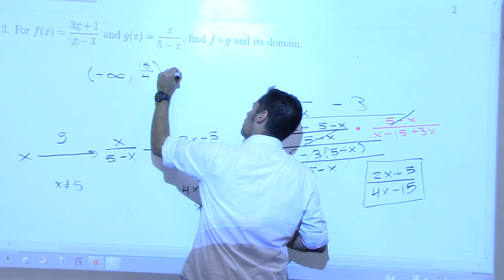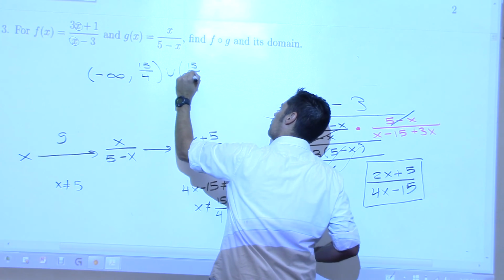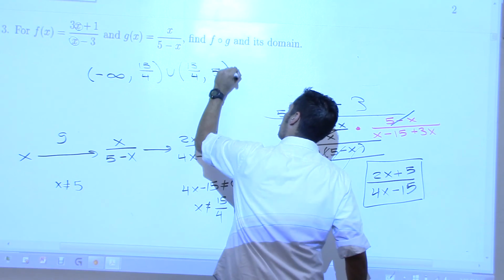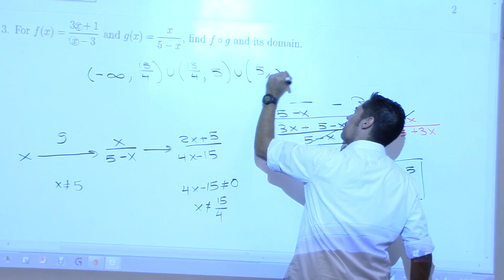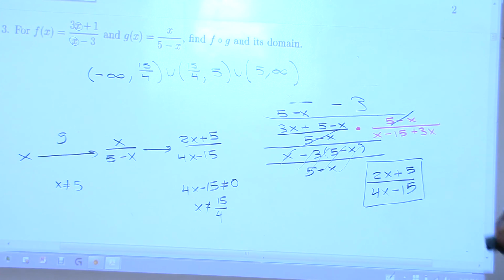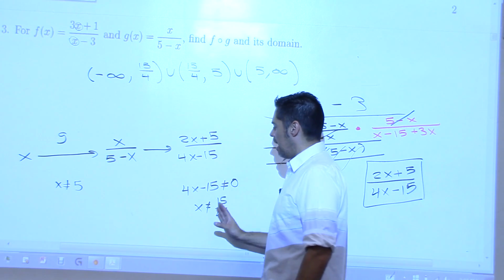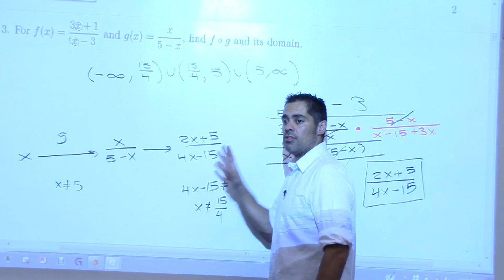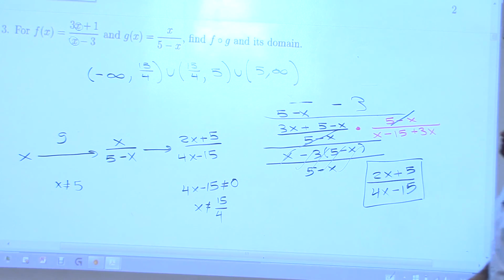And then union 15 over 4 to 5, and then union 5 to infinity. There we go. So you're just skipping those 2 points. Question? Would the 15 over 4 be a bracket? No, it can't equal. If it is equal to that, then we get division by 0. So we don't want that one there.